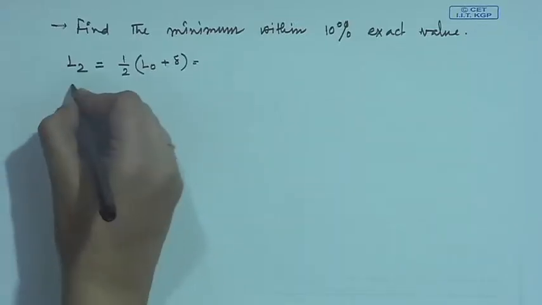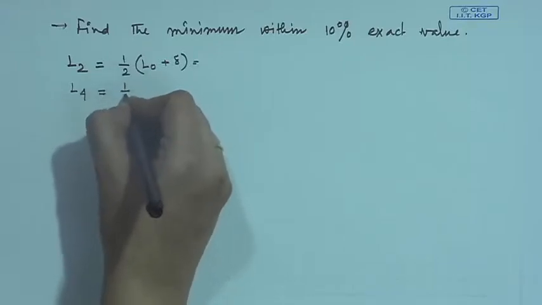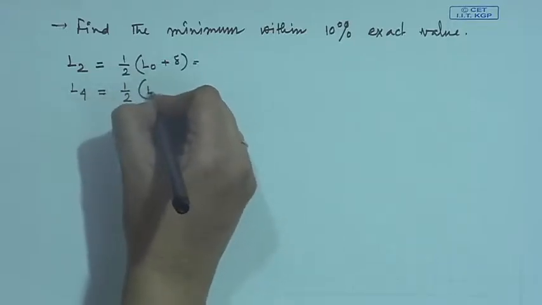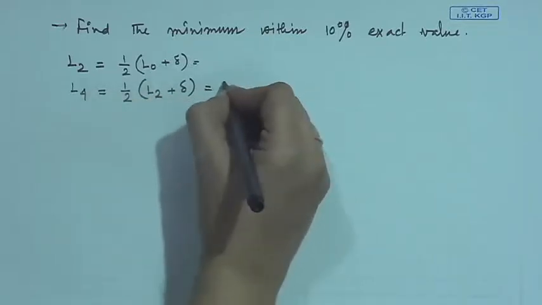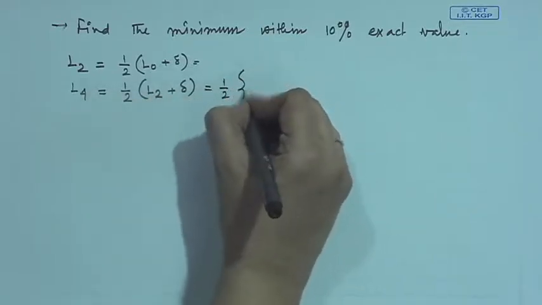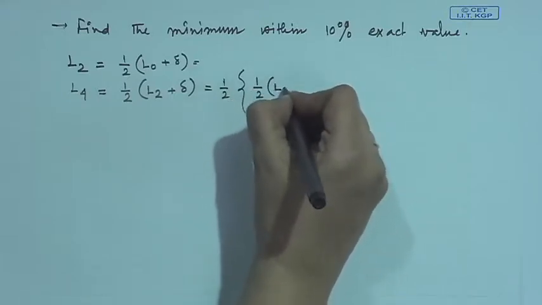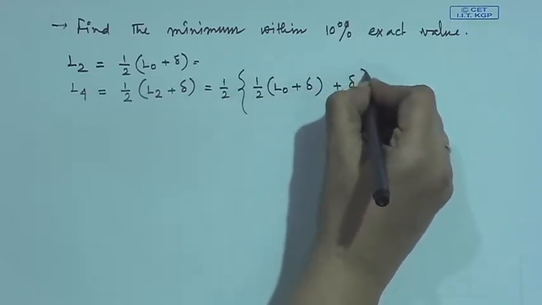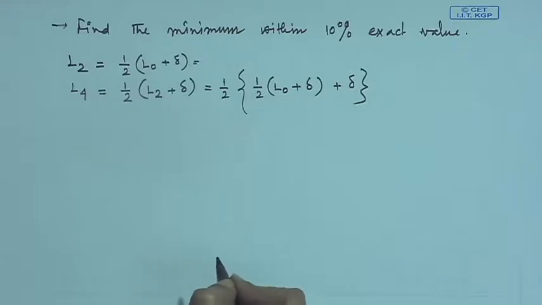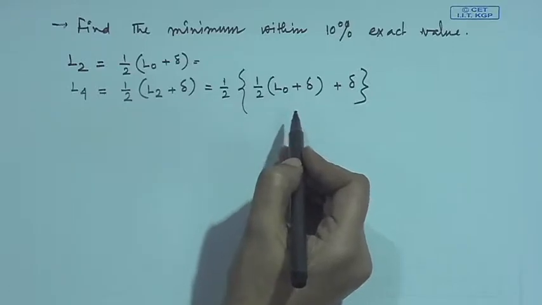Alright. What is my L 4? Half of L 2 plus delta. That means it was half of L naught by 2 plus delta by 2, plus delta. Alright. I am substituting the value of L 2 here, which I got from the previous one.